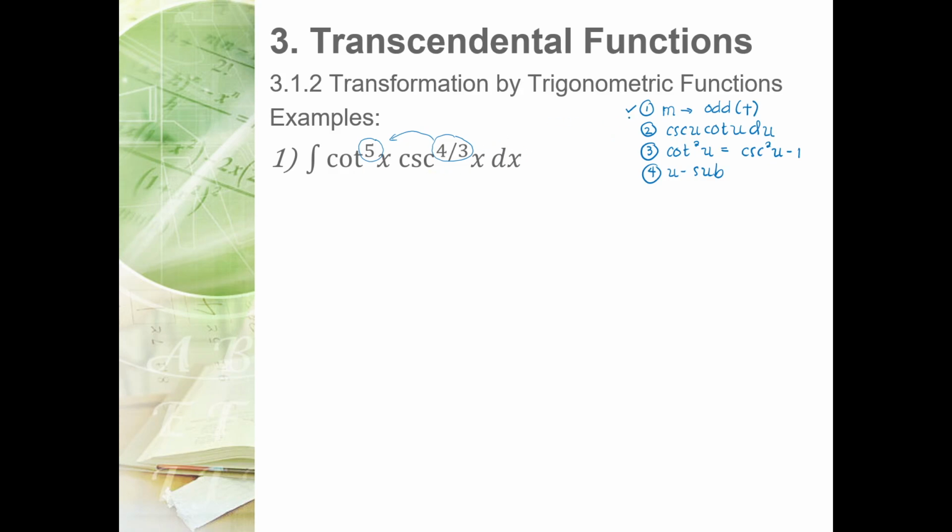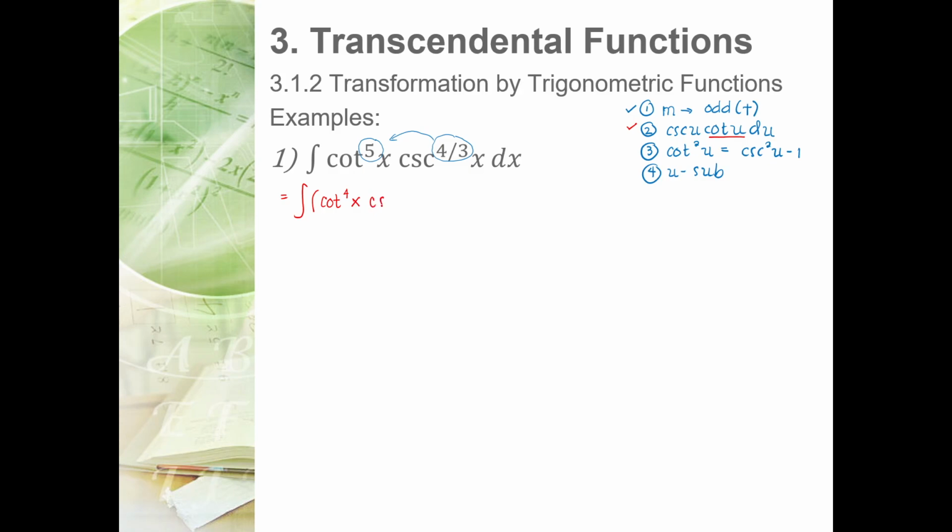Next, since we have an odd exponent for the cotangent function, we factor out this term, cosecant u, cotangent u. So, getting one cotangent, this becomes cotangent to the fourth of x.